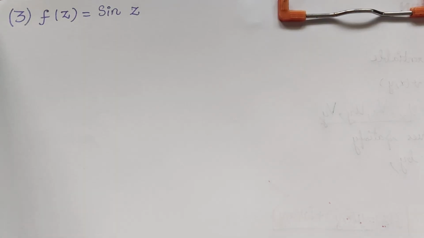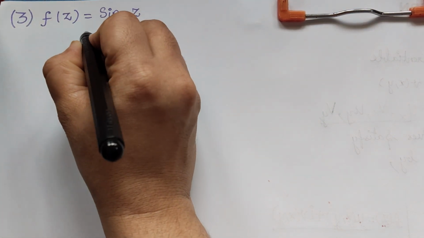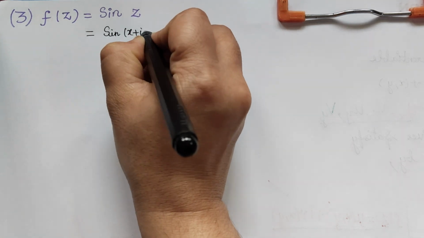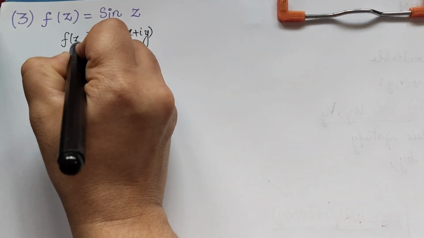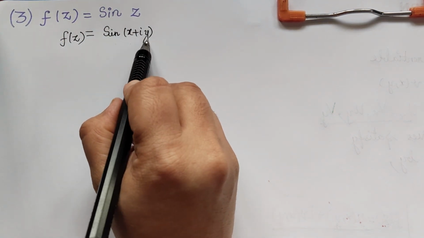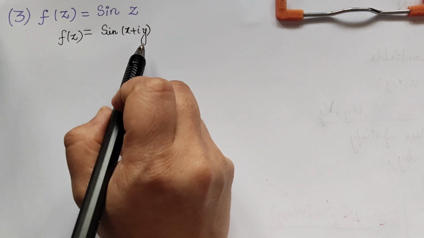Here we have the next question, f of z equal to sin z. So this is equal to sin of x plus iy, since z is equal to x plus iy. Now the sin of x plus iy has to be expanded by using the sin a plus b formula.